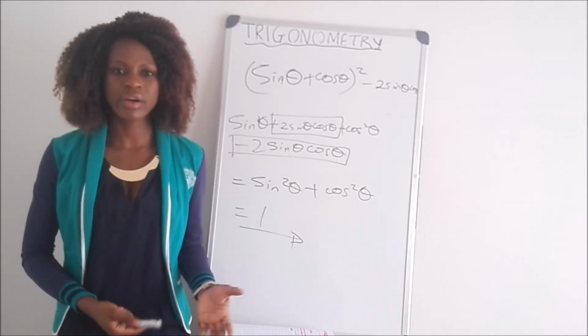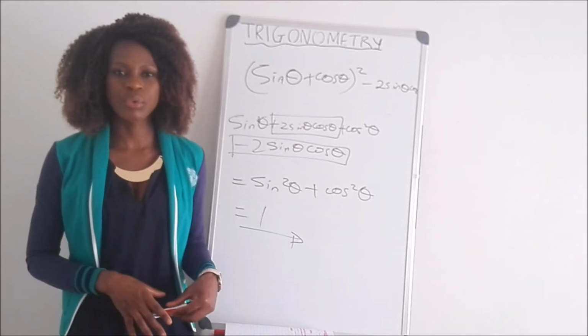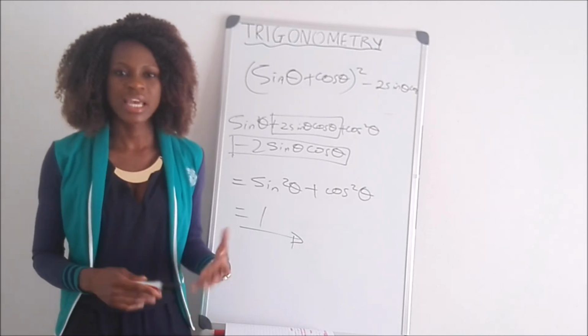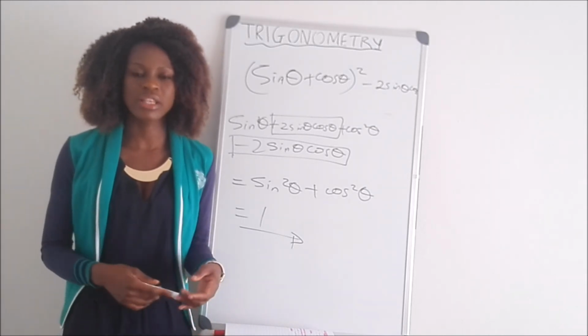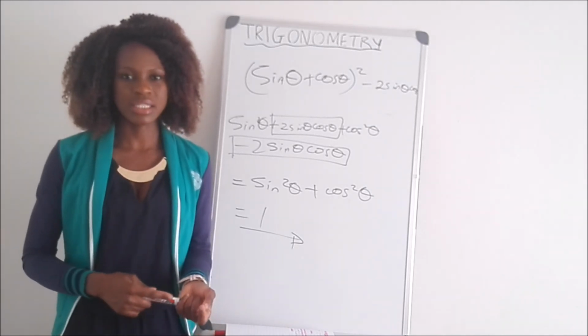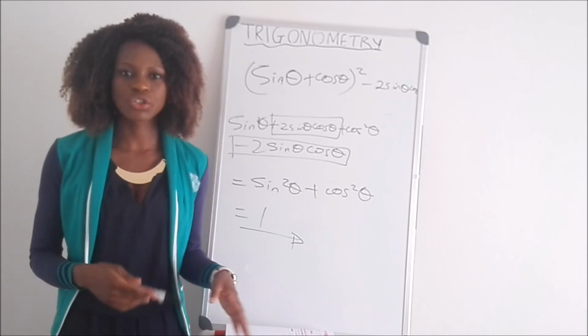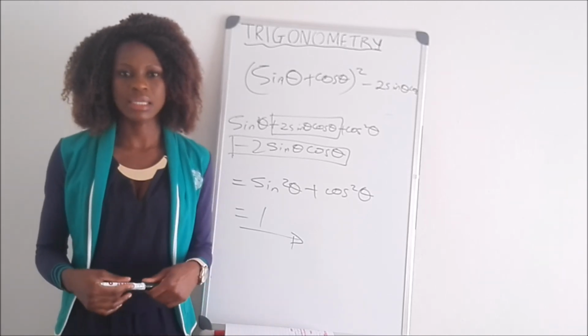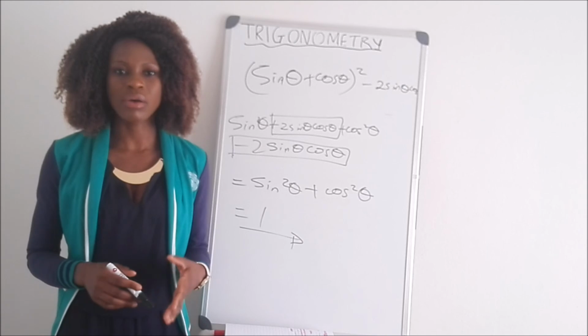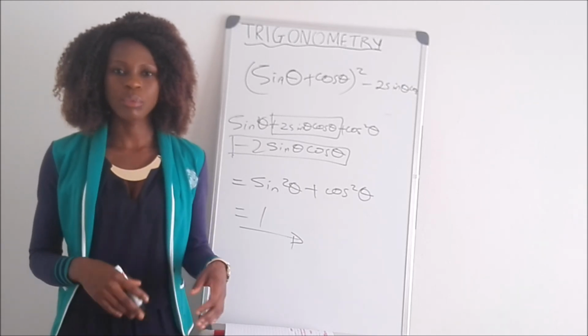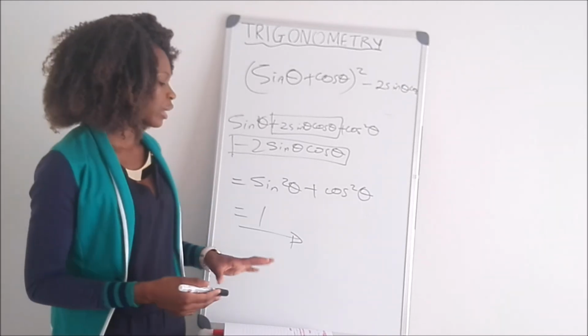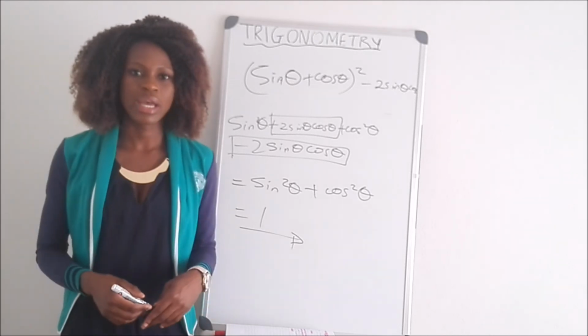When you are answering a question, you just manipulate the equation around, change where you can change. If it's tan theta, change it into sine theta divided by cos theta. If it's 1, you can change it into sine squared theta plus cos squared theta, depending on how the question looks. Then you can work it out and see if you can simplify it into a simple equation.